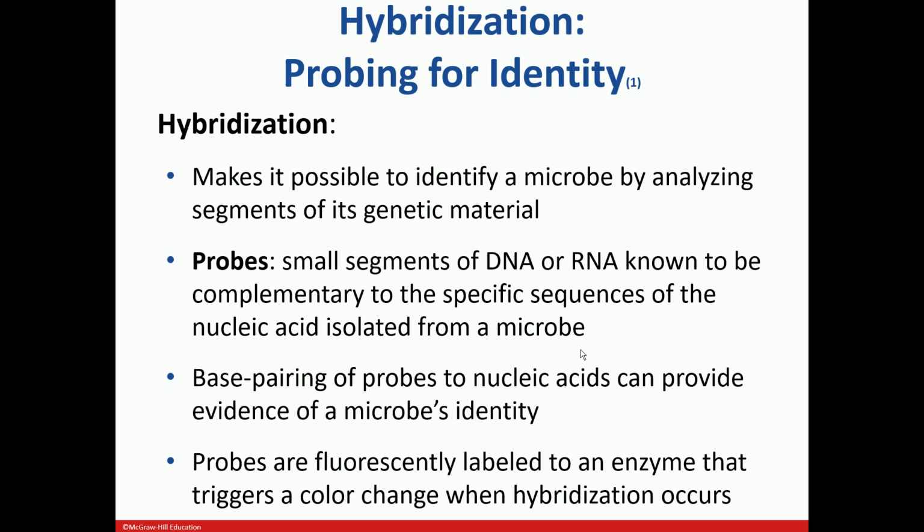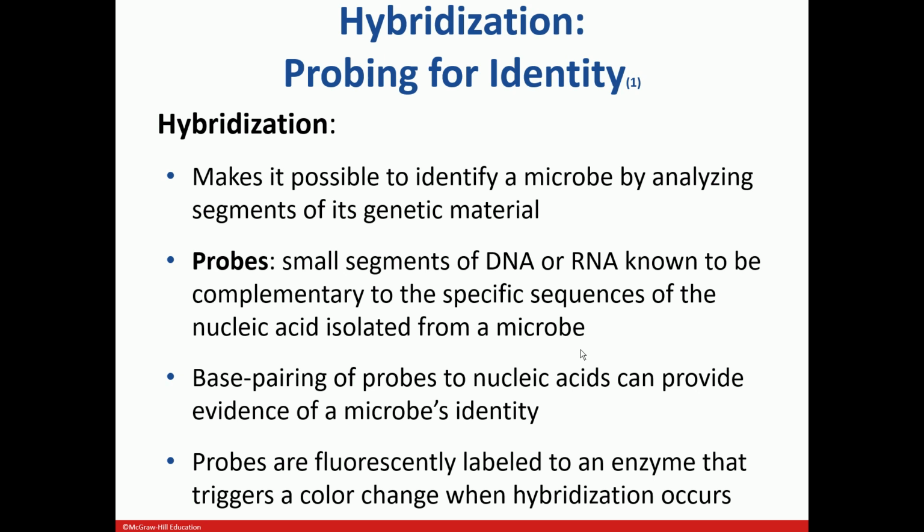So there are different probes, just like the way I showed you for the immunological methods: you have a specific kind of microbe, and similarly you have different probes for different microbes. If it binds to the genetic material, then we can say this person is infected with that microbe.